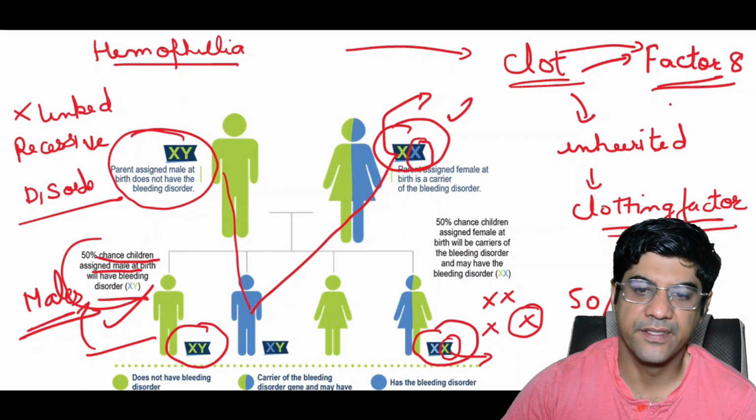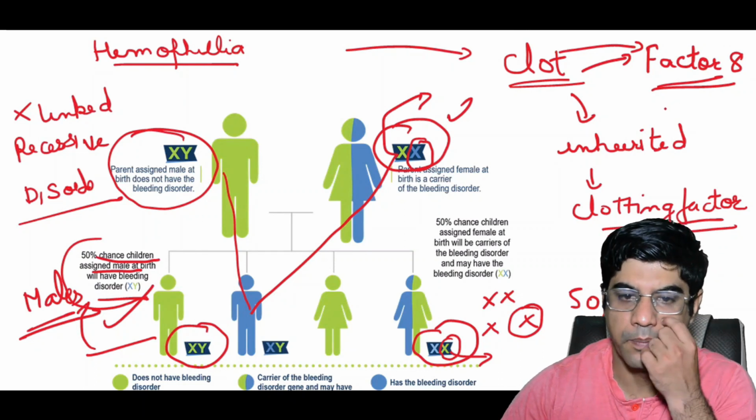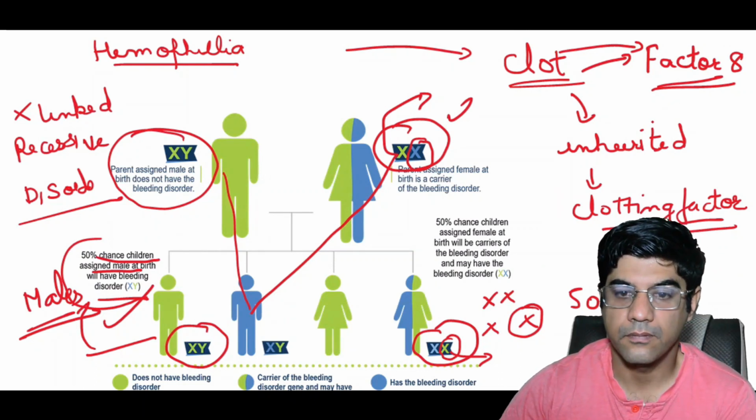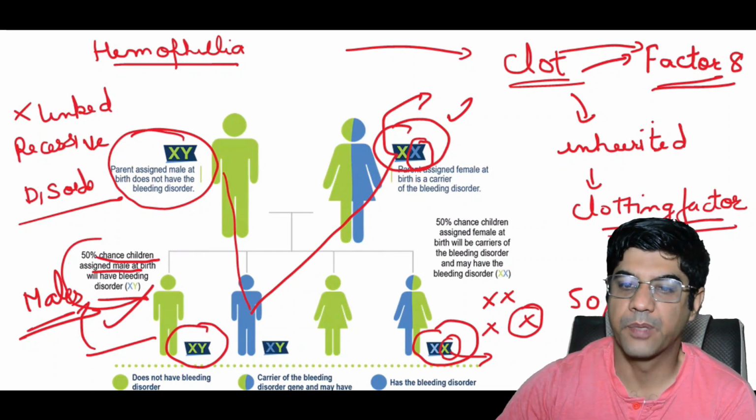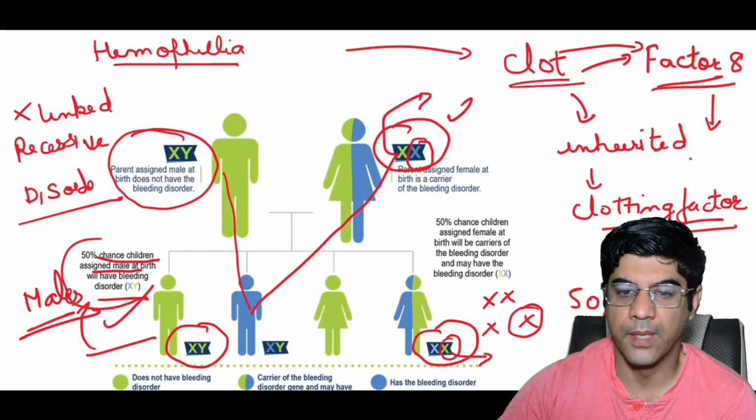Now remember, when there is a deficiency of factor 8, the clotting process would be impaired, as this causes prolonged bleeding episodes, because the blood is unable to form a stable fibrin clot.